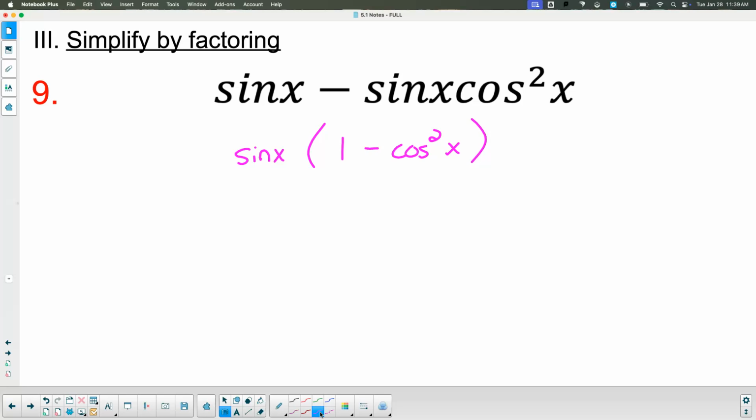Yep, I would agree that that is sine squared. Sine times sine squared. Sine cubed. Yep.